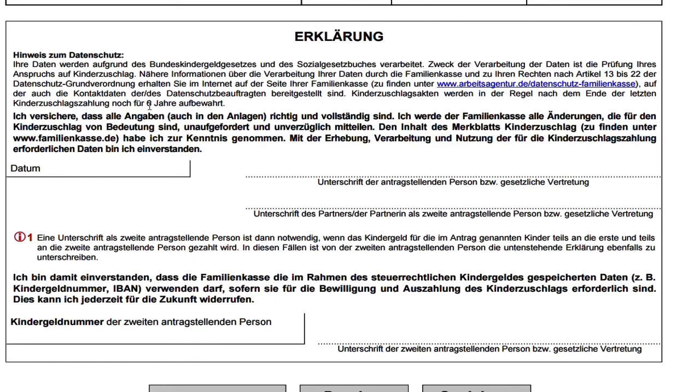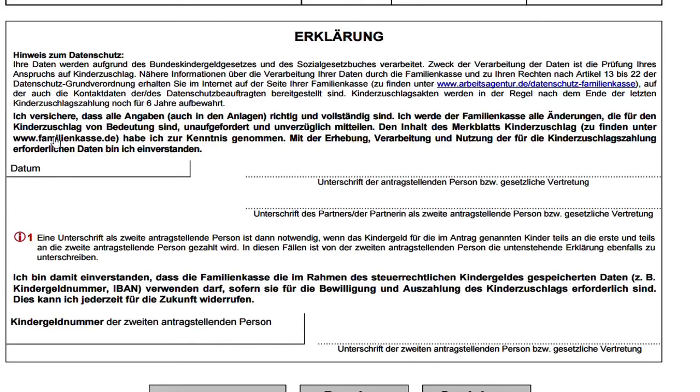And you also assure that all the information you have provided in this form and in the attachments are correct and complete. And you will notify the Familienkasse of any changes that may be necessary for the child allowance without being asked to do so. You also assure that you have read and agree with the content of the leaflet or Merkblatt on child allowance, which can be found at this website.